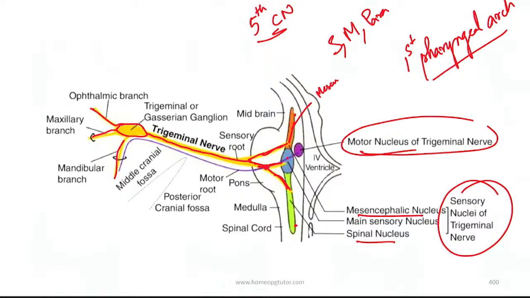This trigeminal ganglion is also called the Gasserian ganglion. After this is formed, we have three branches, that is the ophthalmic, maxillary, and mandibular branches.